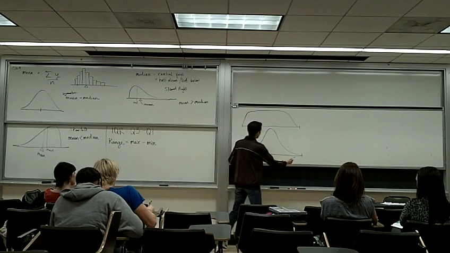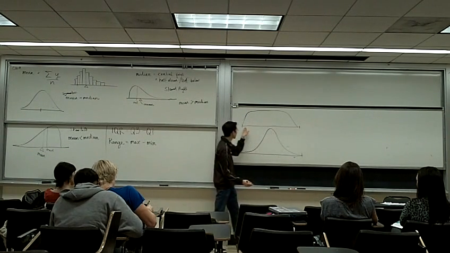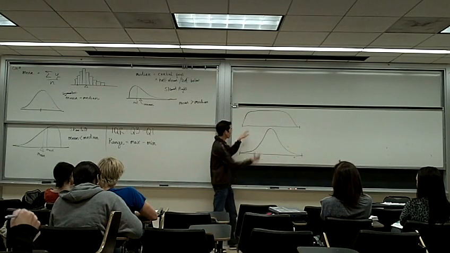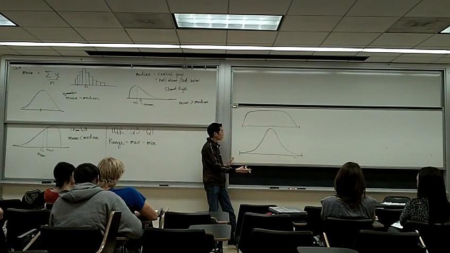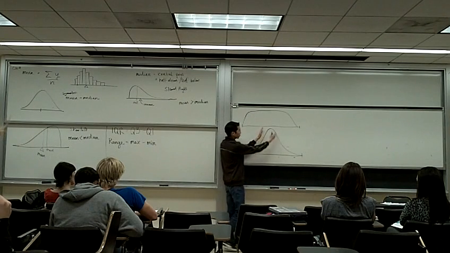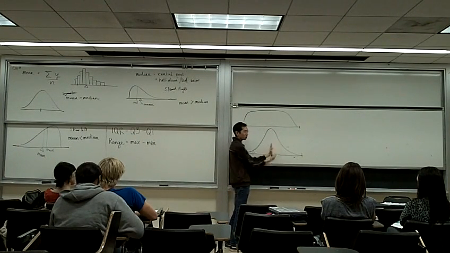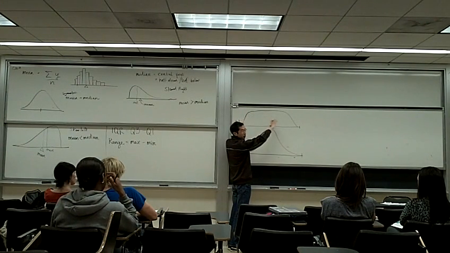In both cases, the range is about the same. The largest point minus the smallest point, that distance is going to be the same for both of these. But down here, most of the numbers are compressed close to the center, and over here you've got this wide spread.